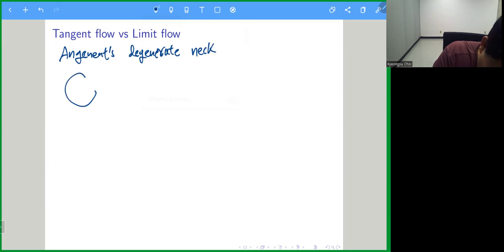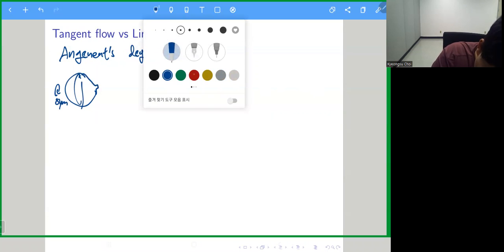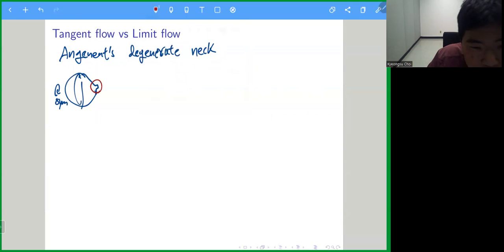So I'm going to construct an example of a mean convex flow. We just say rotational symmetry. Here it looks like, say, a tip, and this tip has a greater mean curvature than the other parts.